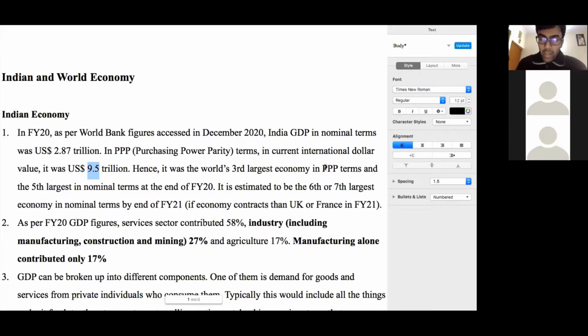Once we arrive at PPP figures, the cost of goods and services becomes the same on both sides, because we have multiplied with that factor 3.2 to 3.3, or sometimes it's 3.5, sometimes it's 3.1. It keeps varying because there are so many economic factors in play here.